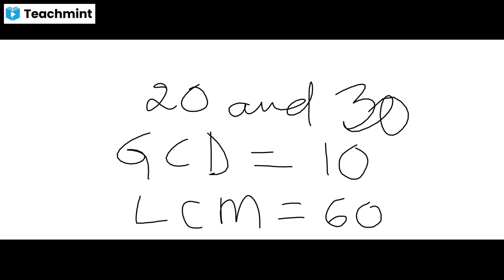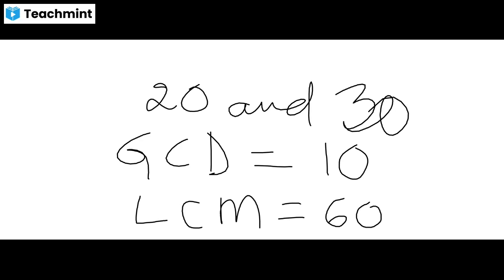Now, I said it's going to be a very significant one. The reason is the logic by which we obtain the GCD and LCM of 20 and 30 is going to be the same in polynomials.